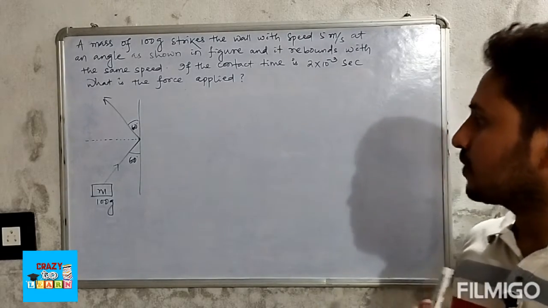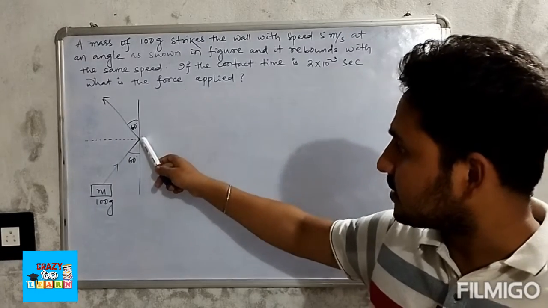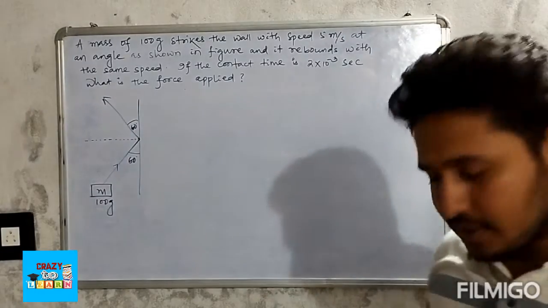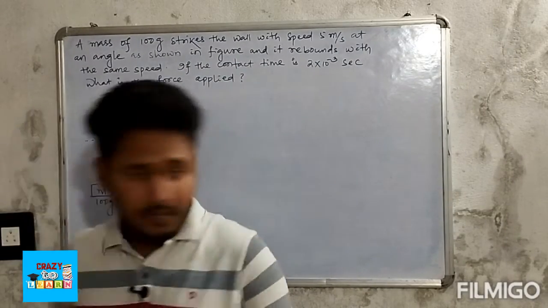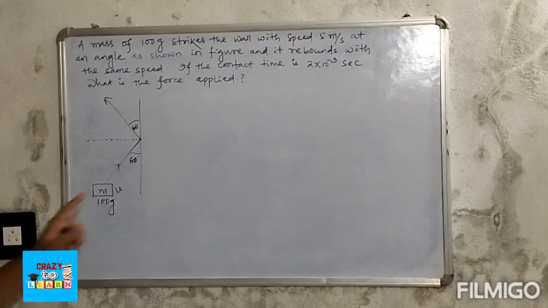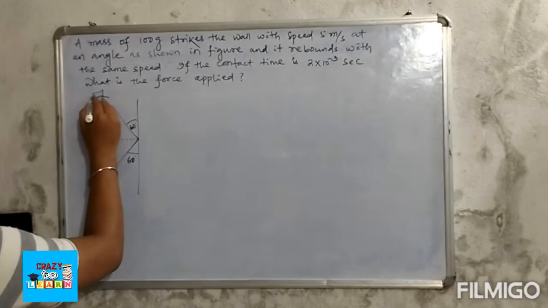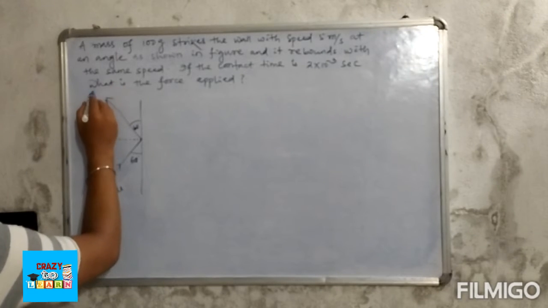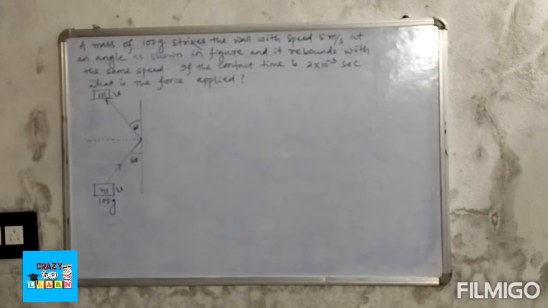The mass strikes the wall and rebounds with the same velocity v, with the same mass m.